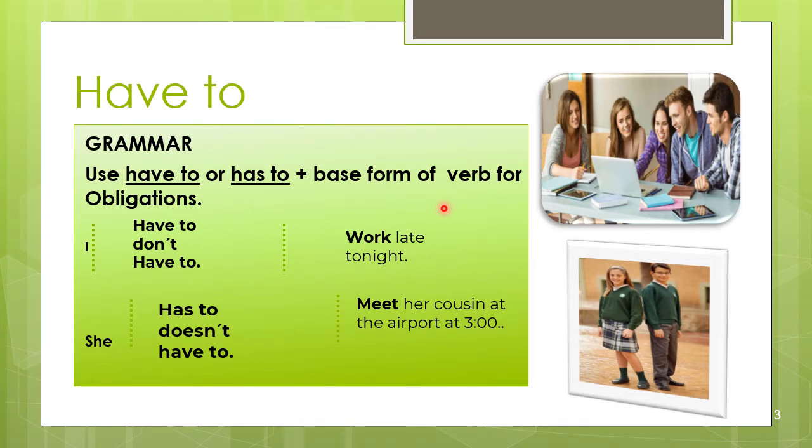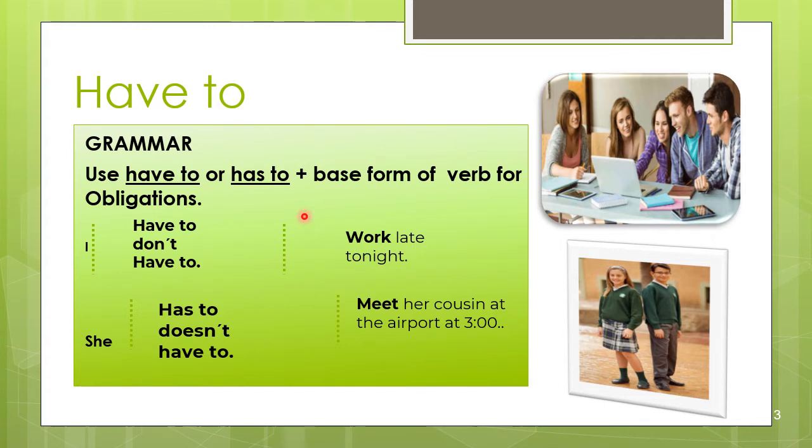You have rights, but at the same time, you have obligations. For example, look at the picture: they have to study. They are obligated to do this important action. Let's see how we are going to work with this important auxiliary verb.